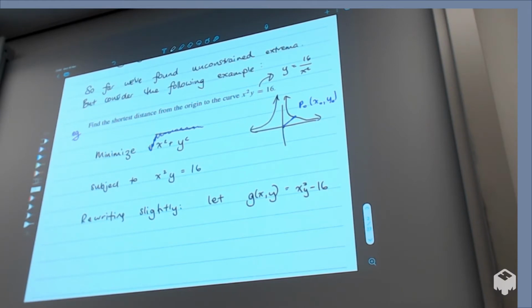And then I'm going to rewrite this as: minimize x squared plus y squared, subject to (we write s.t. for subject to) g of x, y equals 0. Sorry, not 16.